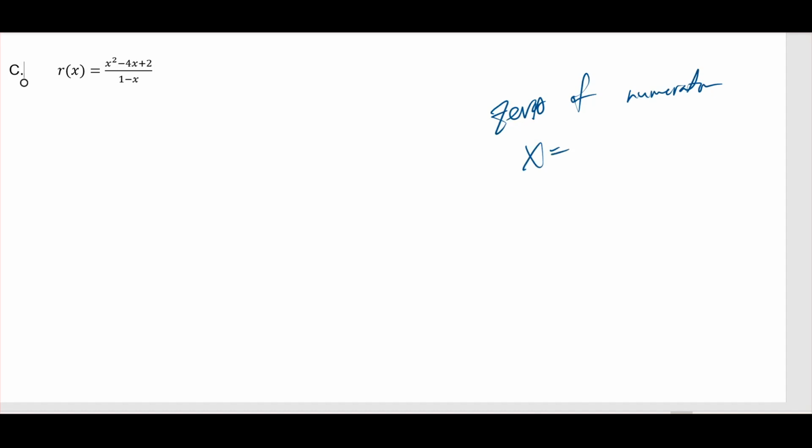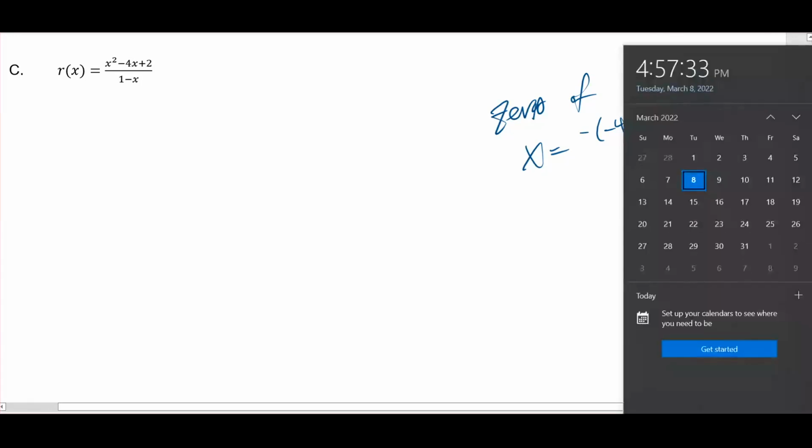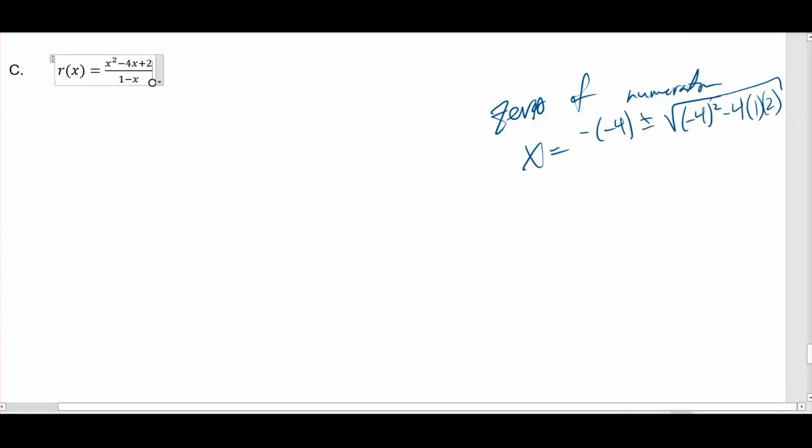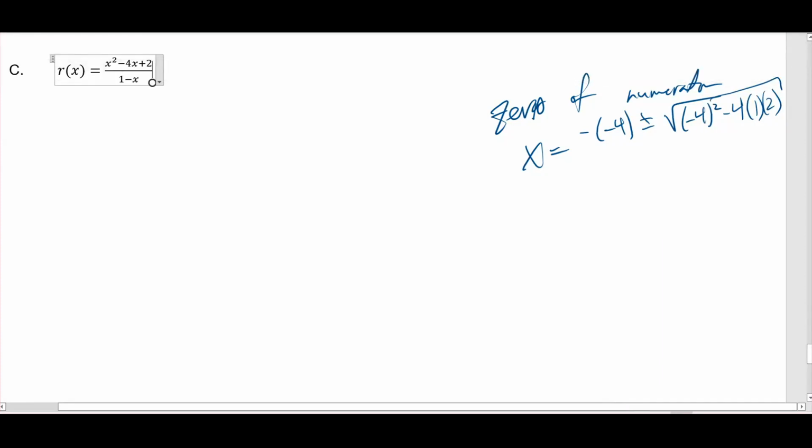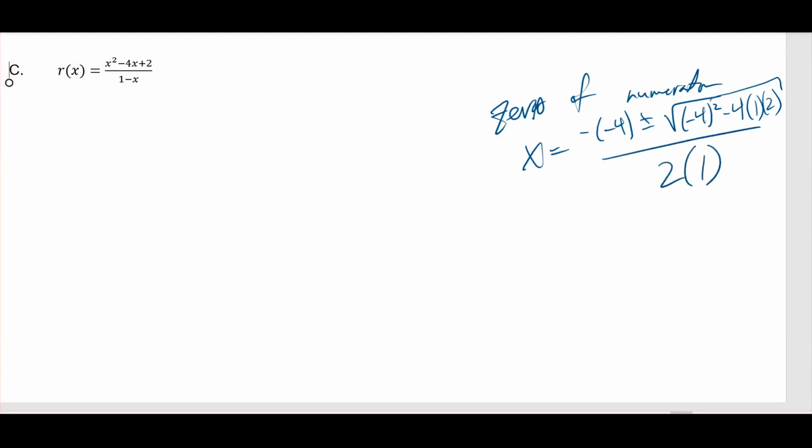We would have that quadratic equation, right? Negative b, so that's negative 4, plus or minus the square root of b squared minus 4 times a, which is 1, times c, which is 2, over 2 times a, which would be 1 here.